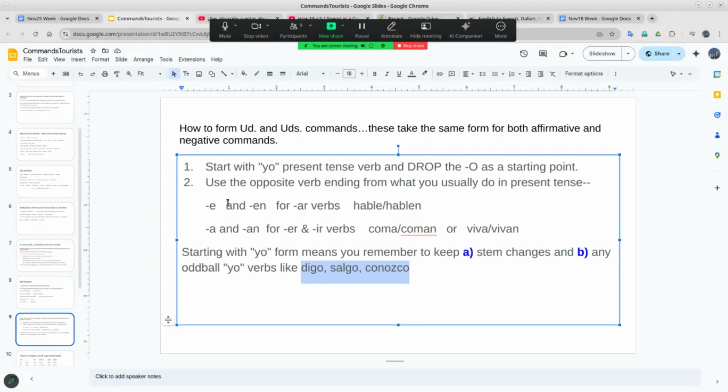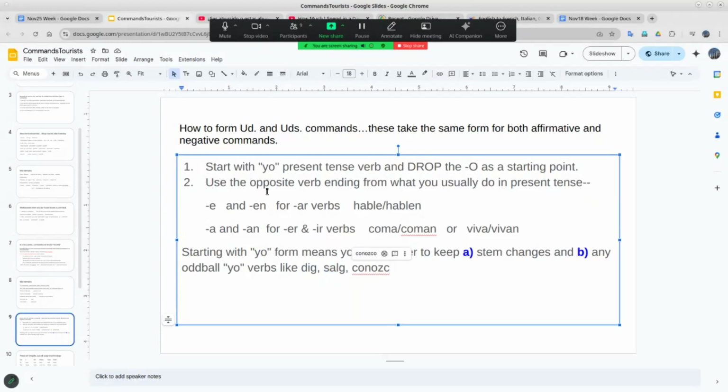Salgo, the yo form for salir, is going to use that go, right? So what happens with these? We get rid of the o from the yo form. And decir is an IR verb, so it'll be an a ending, diga, right? Salir is an IR verb, so when we get rid of the o from salgo, it becomes salga.